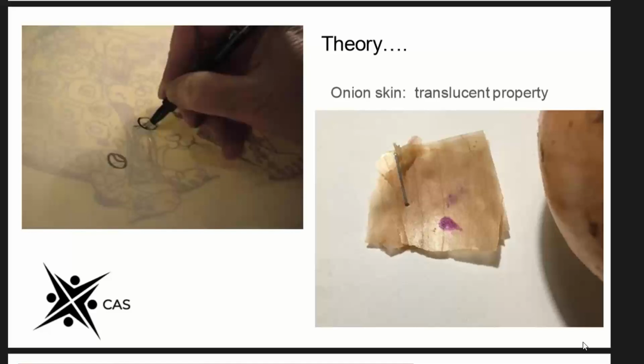Hopefully you can see that those are translucent. The top layer has a dot on, then the next layer back has a dot, and then the next layer back to the bottom layer. So you can see through more than one layer, and this is where the terminology onion skinning comes from.